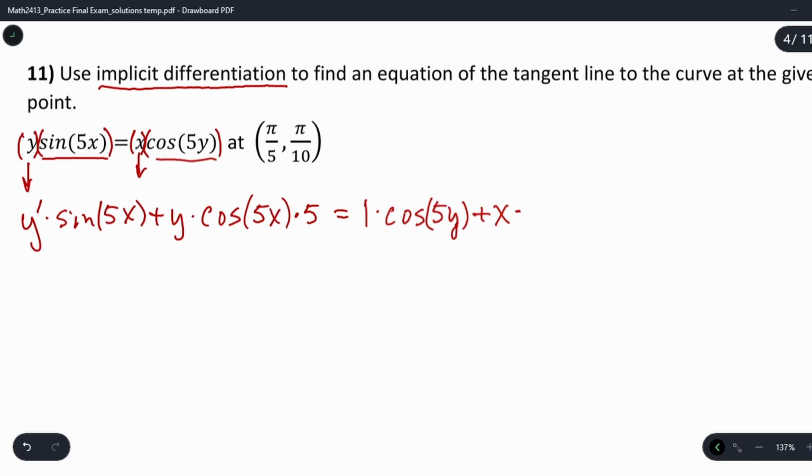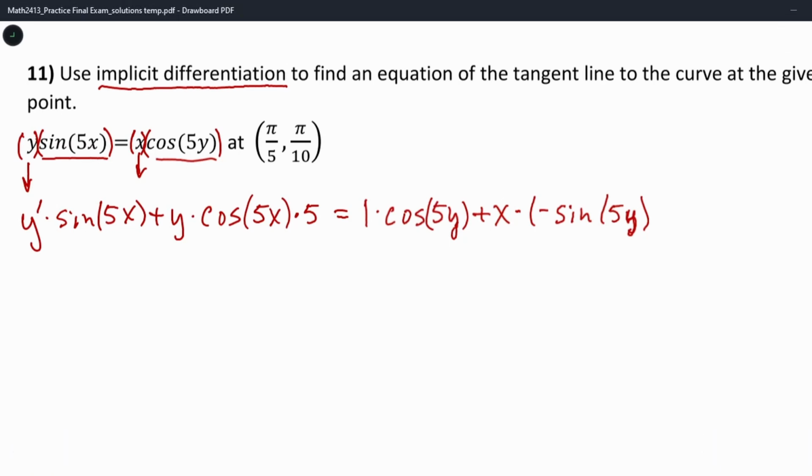Again, this is going to require the chain rule. So the derivative of cosine is negative sine. The stuff inside stays the same. And then when we differentiate the angle, since it has a y, we're going to have to attach a y prime. And so that is the first step using implicit differentiation.